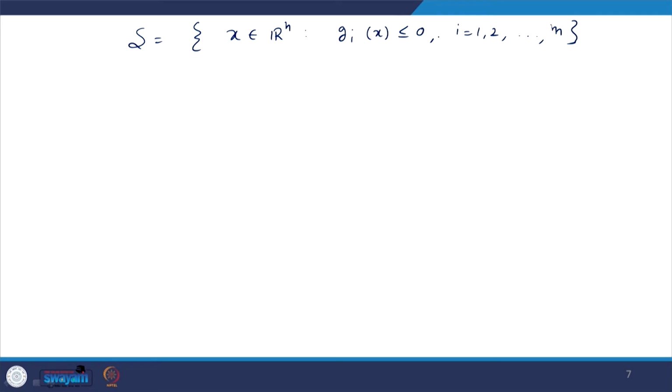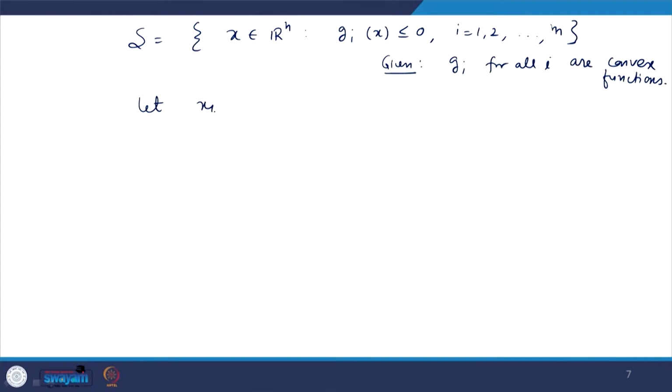Now, it is given to us that all G I's are convex functions, and we have to show that this set S is a convex set. How can we show this?